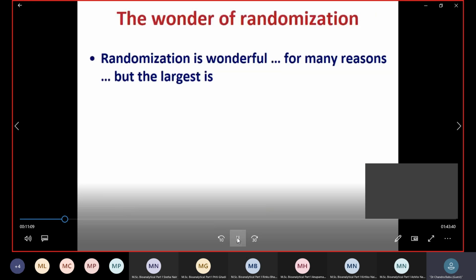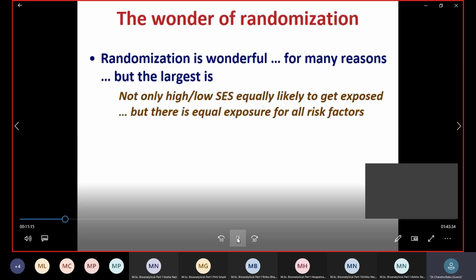Now, randomization is wonderful for many reasons. I wish I could talk more about it. But the single biggest reason is not only are high and low SES women equally exposed, but there's equal exposure for all risk factors, even the ones we don't know about.